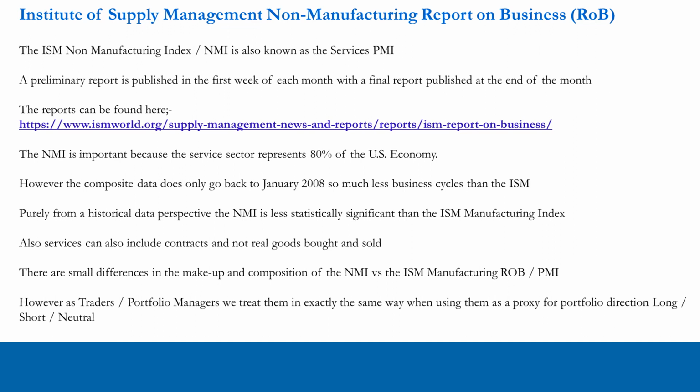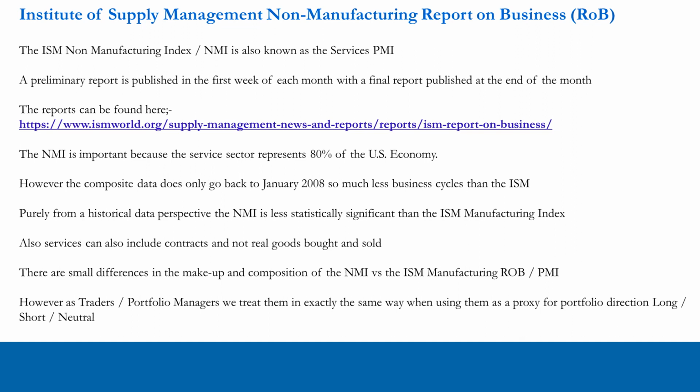From a trader's and PM's perspective, it's best to basically put an equal weighting on these. Because the NMI covers the service sector, and that's 80% of the US economy, it's very, very important, even though at the aggregate level we only have data going back to 2008.